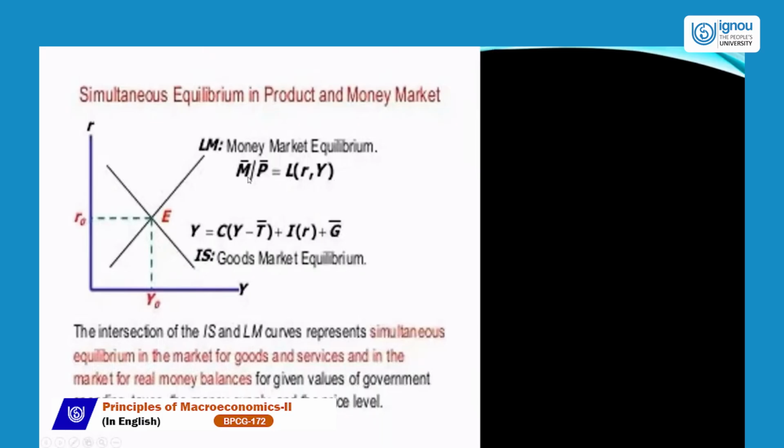And L is liquidity preference, which represents money demand. Money demand depends upon two main factors, that is, rate of interest and level of income. That's why the equation L(R, Y) represents money demand and M bar divided by P bar represents money supply. At the point of equilibrium in the money market, money supply will be equal to money demand.